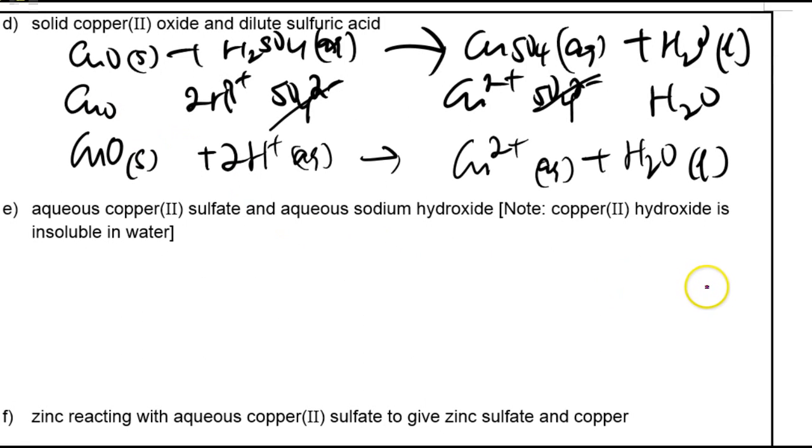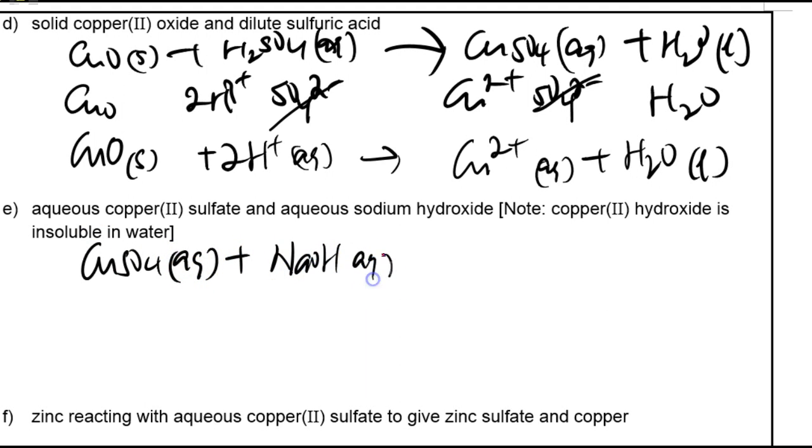Part E, we have aqueous copper(II) sulfate reacting with aqueous sodium hydroxide to give us copper(II) hydroxide, which is insoluble in water. So this is an alkali reacting with copper sulfate here.